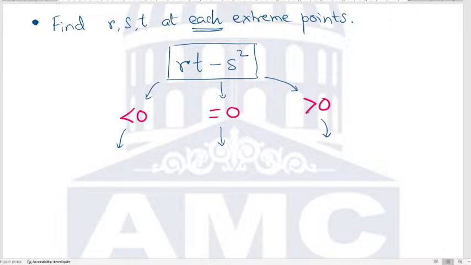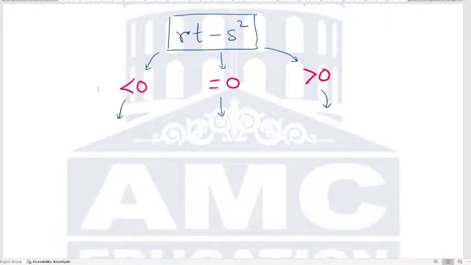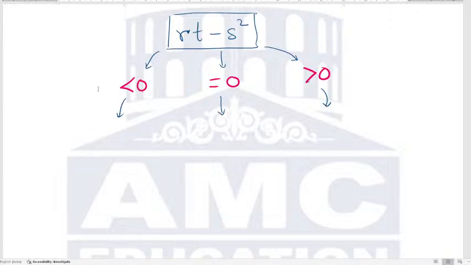So first of all, let's consider when rt minus s square is greater than 0. When rt minus s square is greater than 0, we divide this case into two subparts.